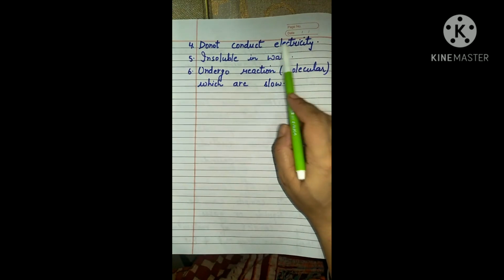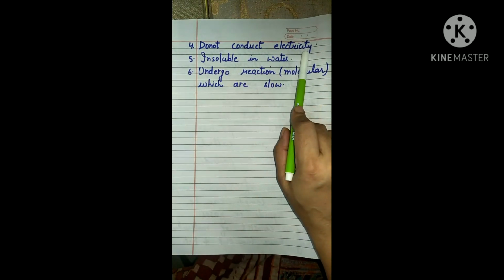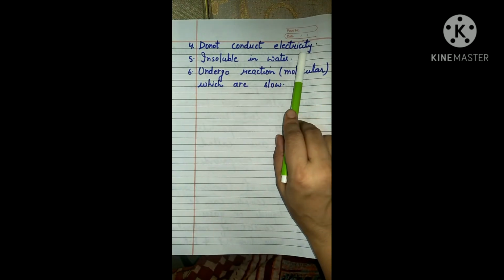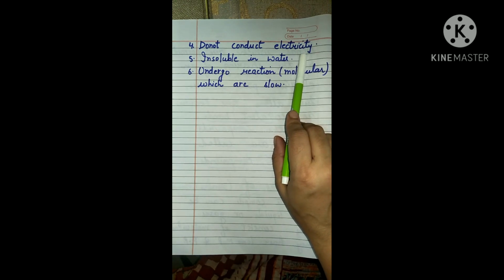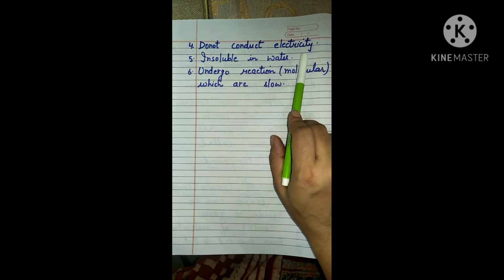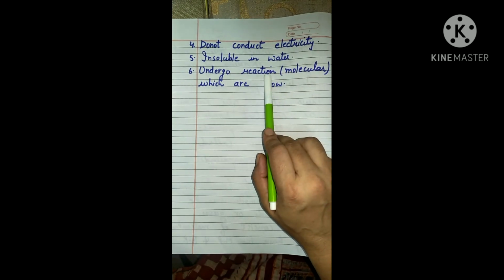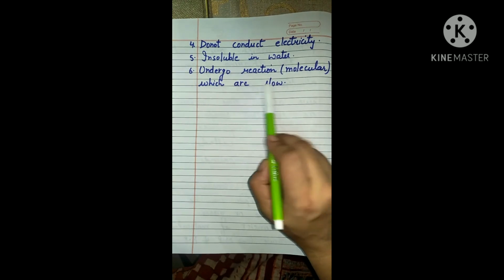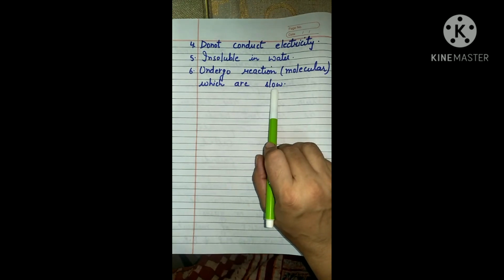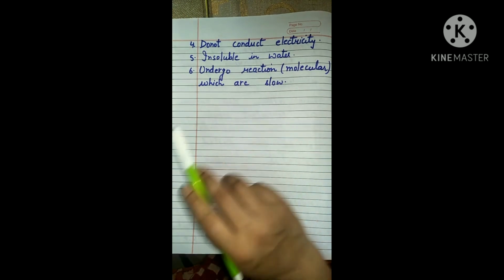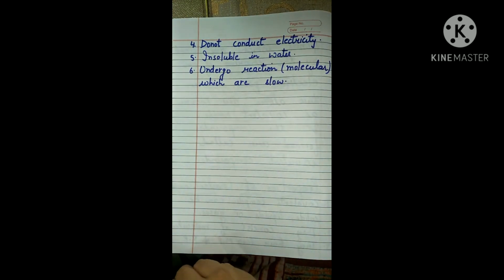They do not conduct electricity, because for conduction of electricity ions should be there, but here there are no ions. Next, they are insoluble in water. They are not going to dissolve in water, and their reactions are slow in nature. So these are the general characteristics or properties of covalent compounds.